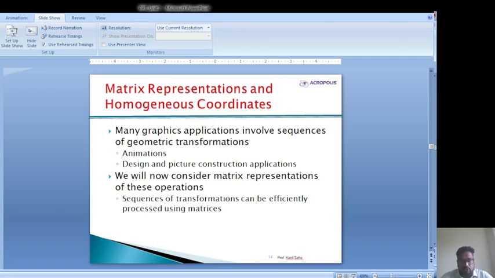Matrix representation of homogeneous coordinates. As we discussed, there are three types of transformation: basic transformations, translation, rotation, scaling. And whenever we perform different types of transformation in a single sequence, means first you want to apply the translation on any image. After translation, you want to apply rotation on the image.